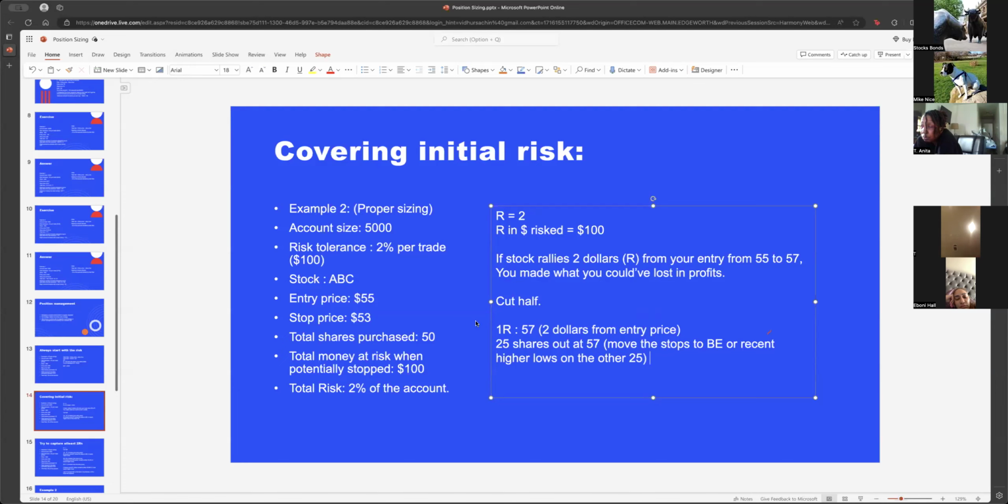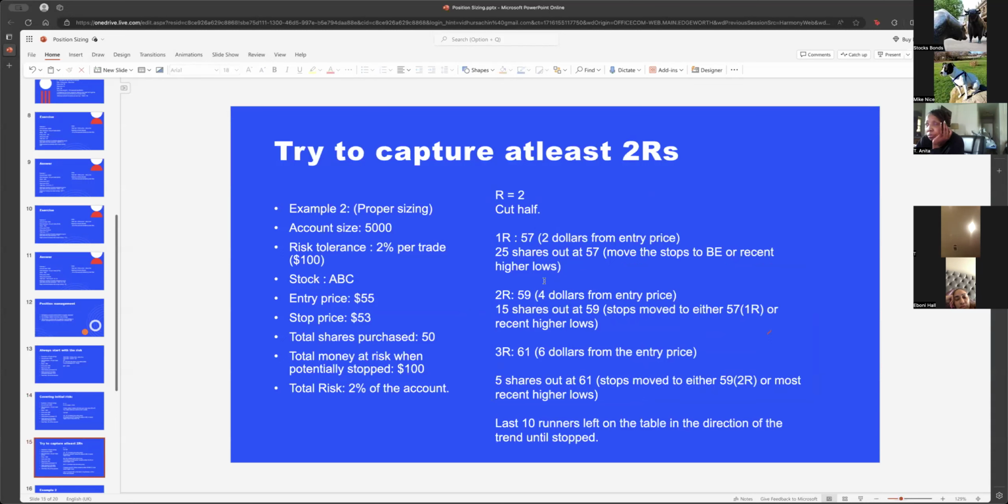So now we still have the other 25 shares in our portfolio, right? What to do with that? How are we going to manage the same? I'm pretty sure if you've been in the server for quite some time, if you've been following me for quite some time, you might have heard me throw around this term called 1R, 2R, 3R.